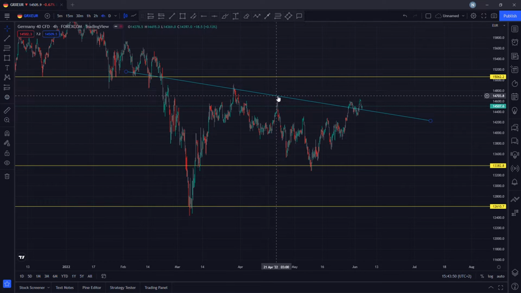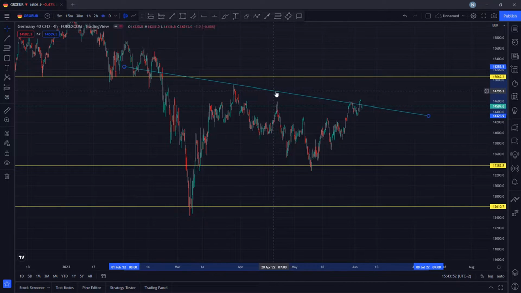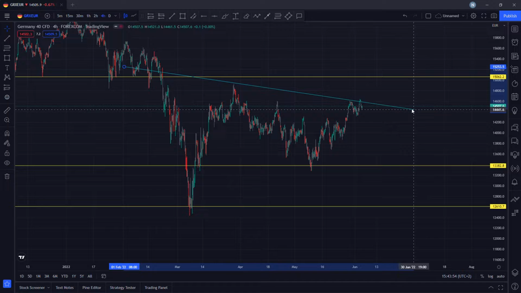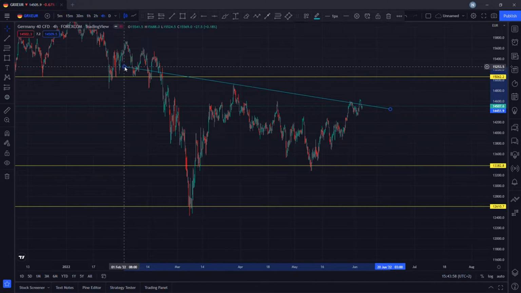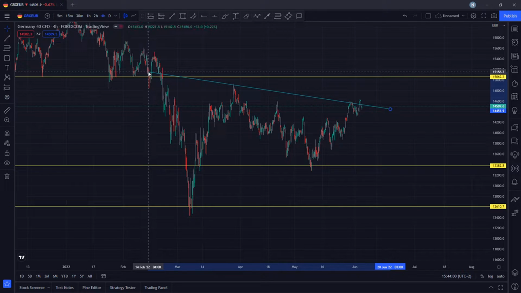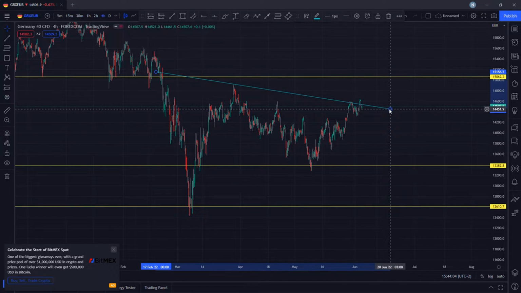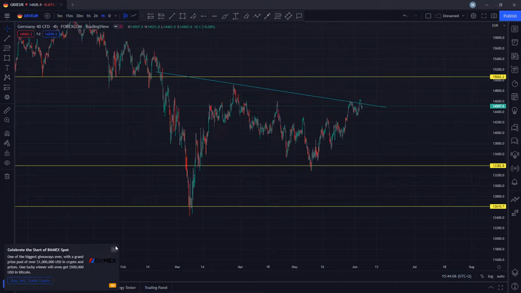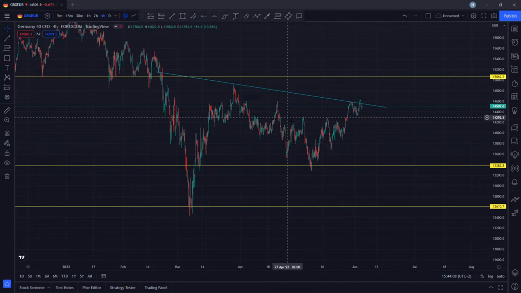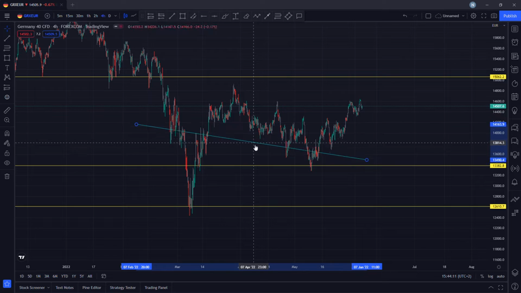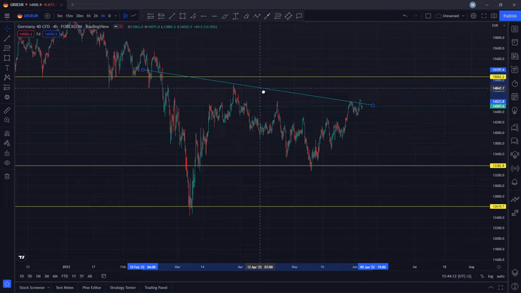Then we can adjust this trend line. For that touch there, those touches there, there we go. Those touches there on the 4-hour.